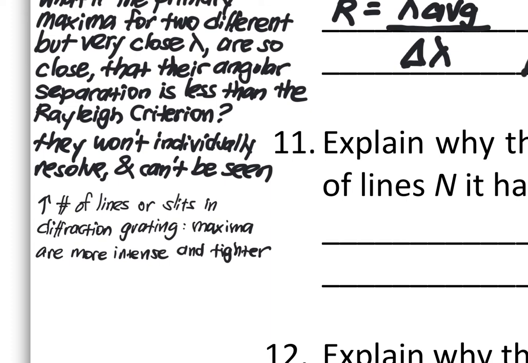If they're more narrow, there's less of a chance that the maximum of one wavelength is going to fall within the first minimum of the other wavelength. And so you'll be able to resolve two wavelengths that are closer to each other.